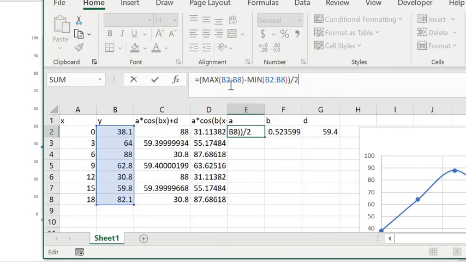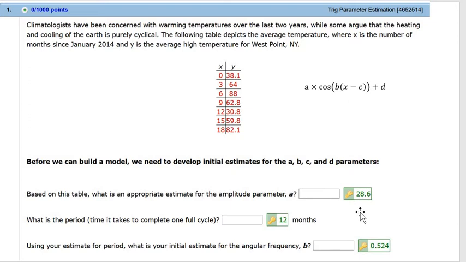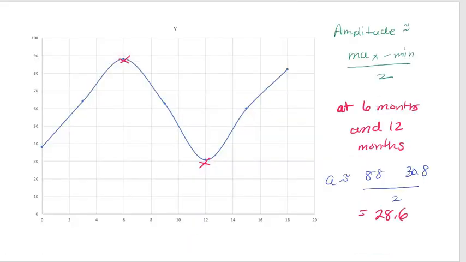You see that the red parentheses represents the colon part and the other black parentheses are the outside part, and you divide that by 2. Boom, it gives me the 28.6. And if you go back and look at the answers, 28.6. Pretty easy. So that's what I get for this. Oh, somehow I lost my minus sign in between the two.